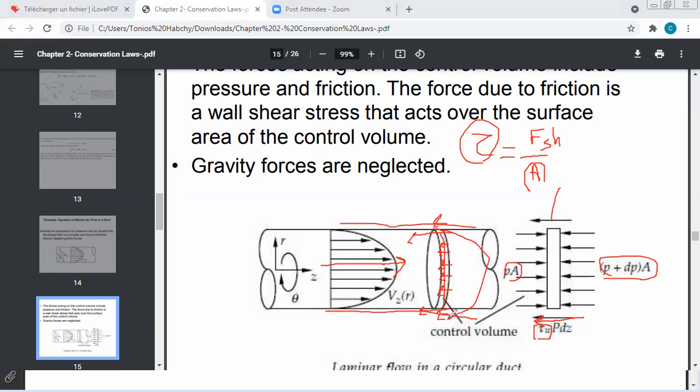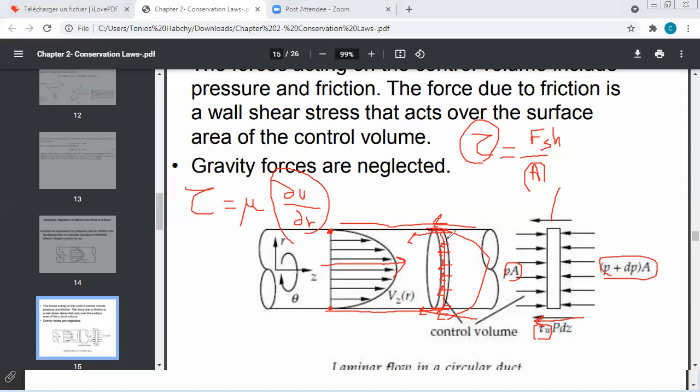And you know how to calculate shear? If you remember, shear is calculated as viscosity mu times del U by del R. So here, the velocity is varying in the R direction. You have a gradient of velocity along R. Shear at the surface level can be calculated by doing mu times del U by del R at the surface. So del U by del R will be the same everywhere. Why?